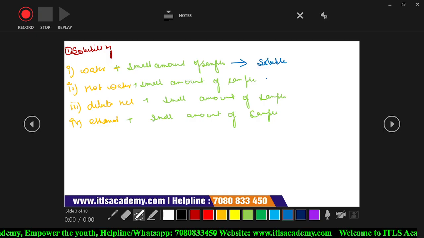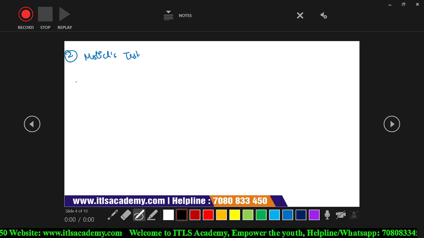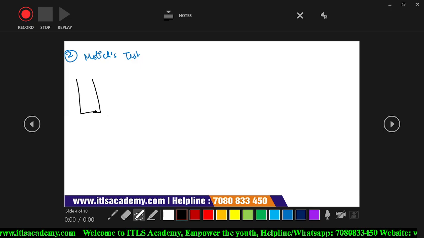The next test is your Molisch test. For the performance of the Molisch test, we take a test tube, and in the test tube we add 2 ml of sample. Then we add 2 drops of Molisch reagent.